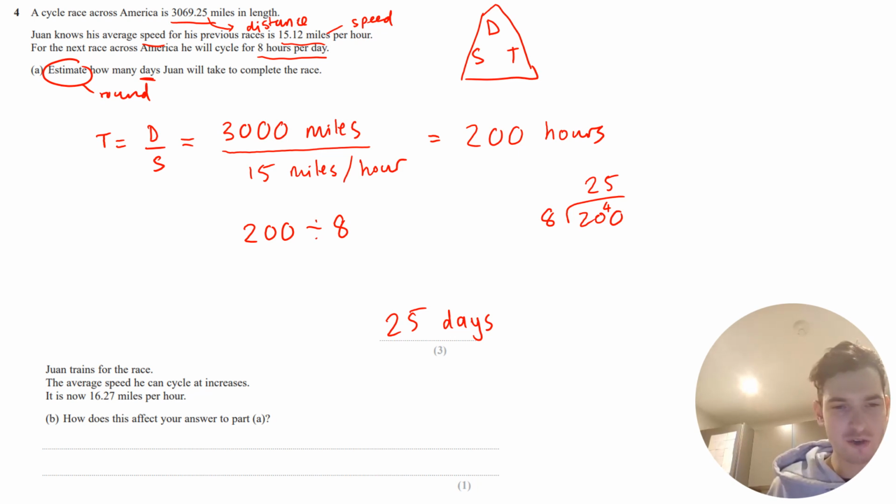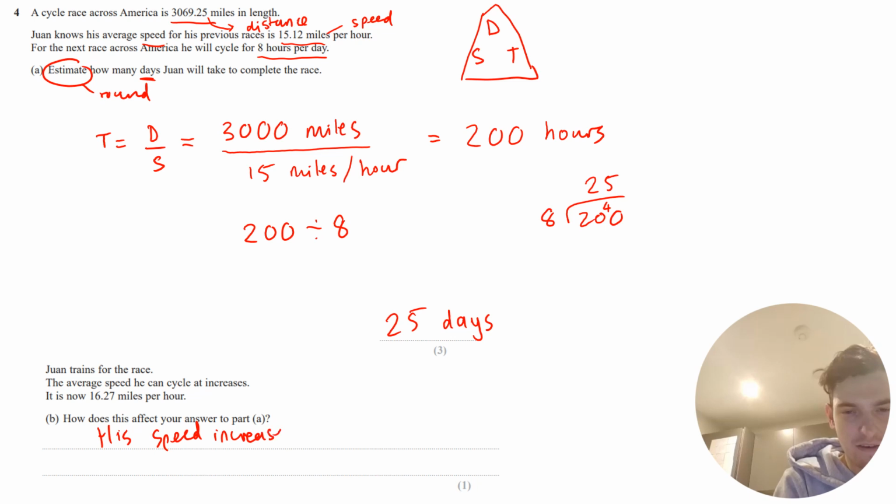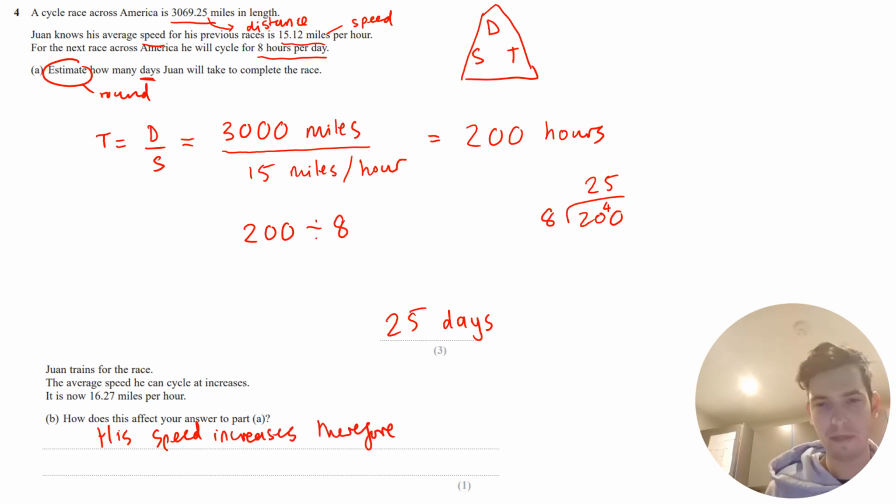Then it says he trains for the race and the average speed he can cycle at increases. So it's now 16.27 miles per hour. So what's happened here? How is it going to affect my answer? Well, what's changed is my speed. His speed increases. Therefore, what's going to happen to the time?